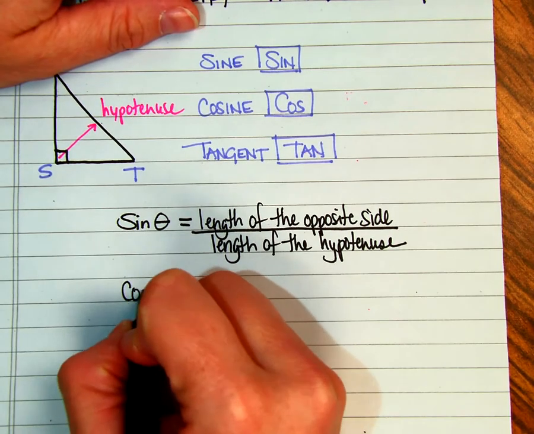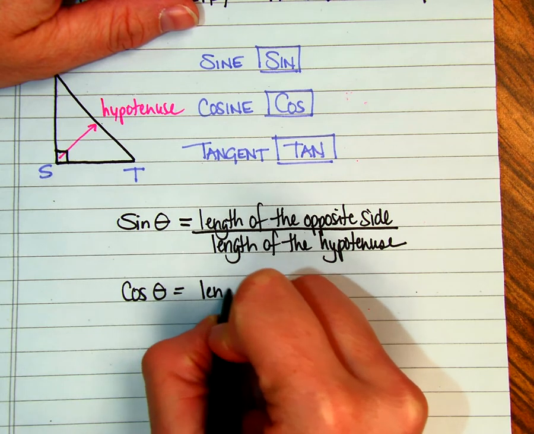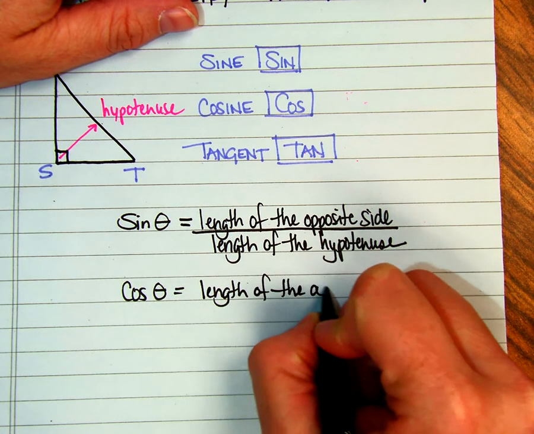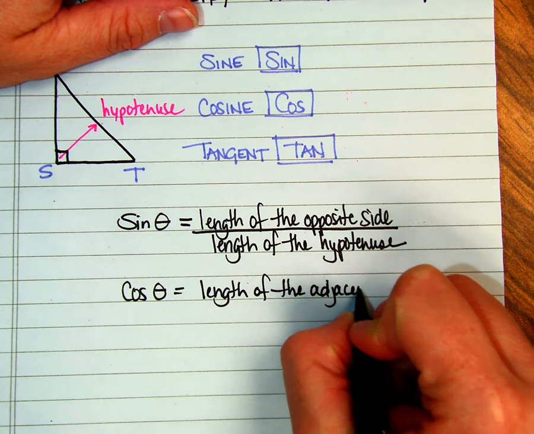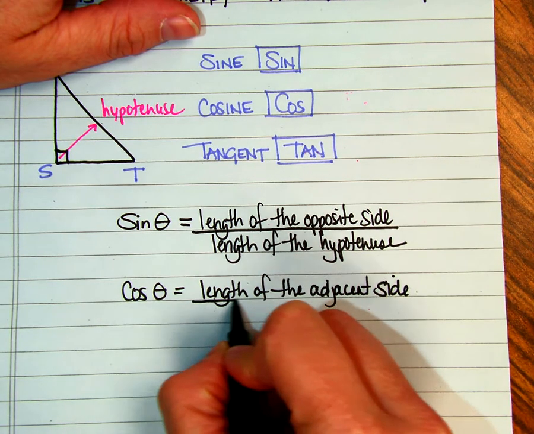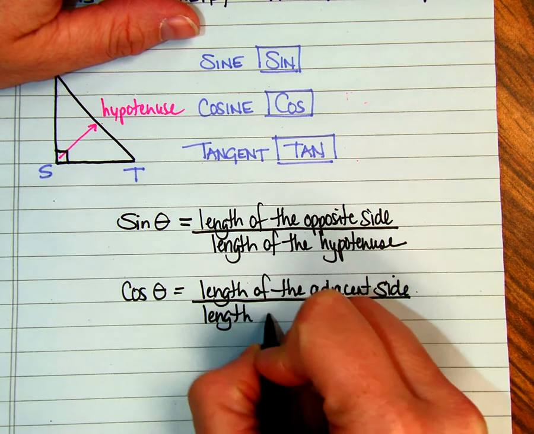Cosine of some angle is equal to the length of the adjacent side set up as a ratio of the length of the hypotenuse.